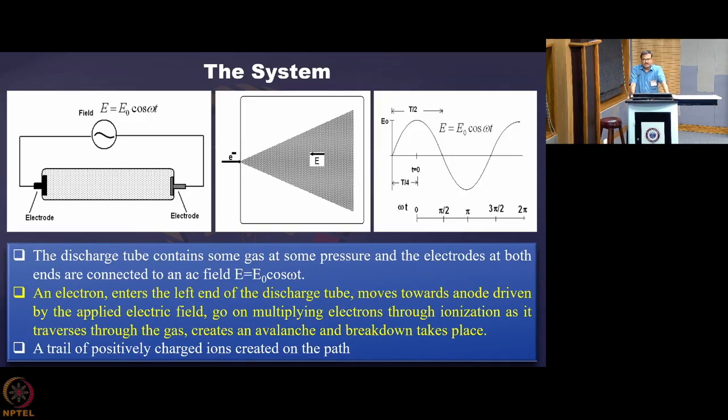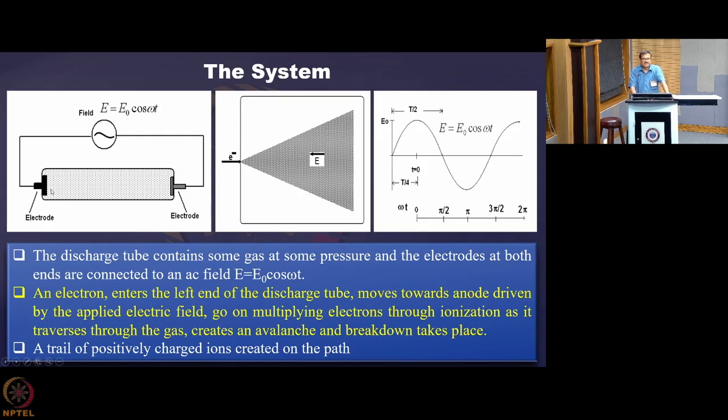Unlike your DC, where there is a cathode at a certain polarity and an anode at a certain polarity, here the polarities of both the electrodes are switching. Once it is positive, the next time it is negative. So what is our purpose? One electron will be emitted from one electrode.